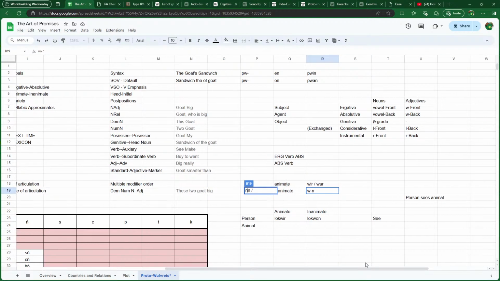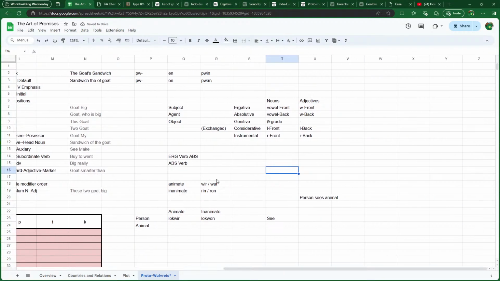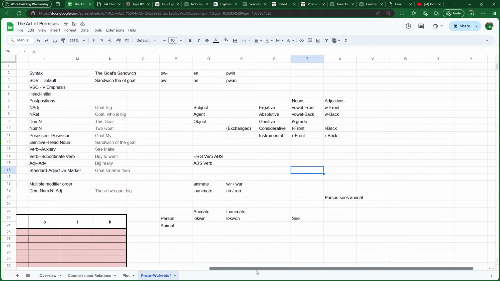I will be Reen or Ron, depending on, right? Depending on what though? Whether it's front or back?